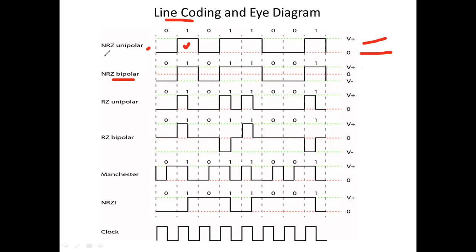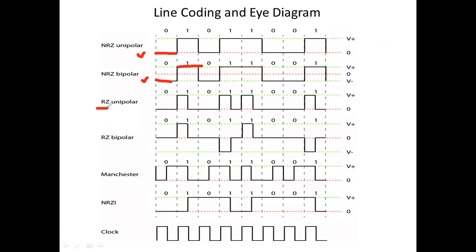Then what is meant by non-return-to-zero in line codes? This entire thing is the bit duration. In these first two codes, you can see throughout the duration the signal stays at either 0, minus 5 or plus 5.